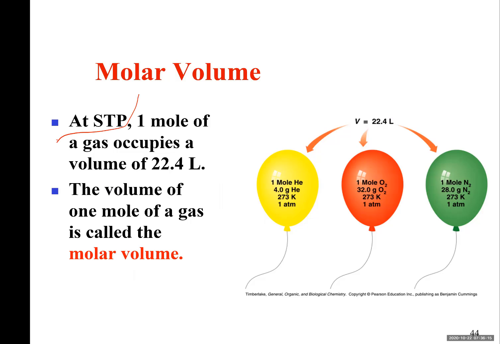If you take 1 mole of any gas, doesn't matter, it's helium or oxygen or nitrogen, any gas, under the standard temperature and pressure, it is experimentally proven that it will have a volume of 22.4 liter. Just an experimental result.